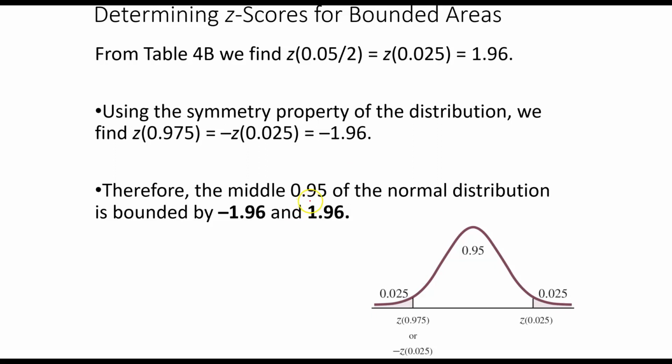Therefore, the middle 95% of the normal distribution is bound by minus 1.96 and positive 1.96.